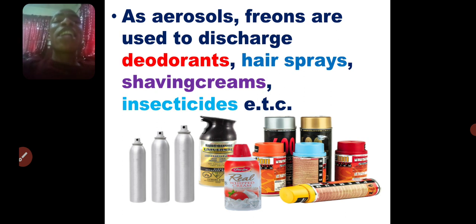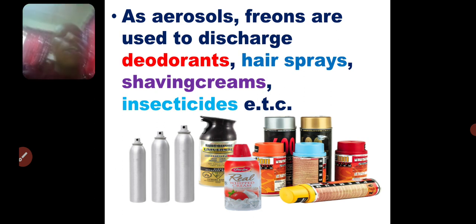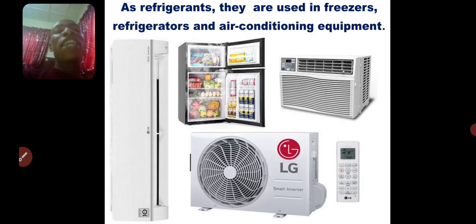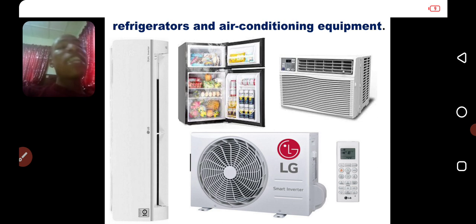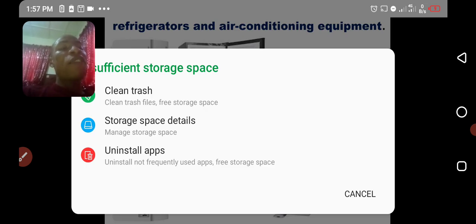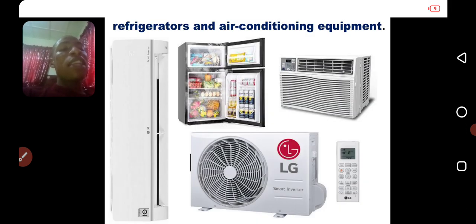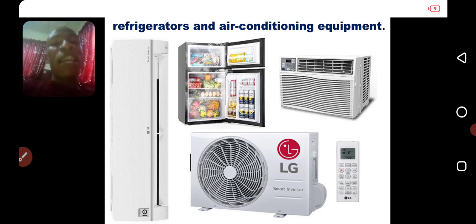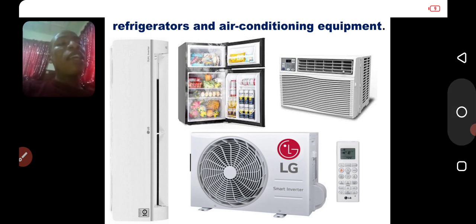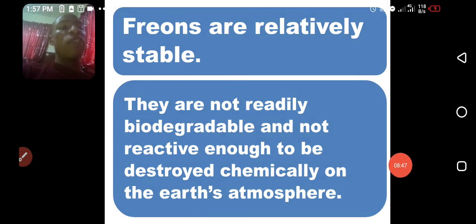So the one that is ejecting those deodorants out of the bottle, they are chlorofluorocarbon. Apart from that, they are used as refrigerant, and in your AC, your fridge, your freezer, they are present there as refrigerant. And whenever you use them, you are discharging them into the Earth's atmosphere.